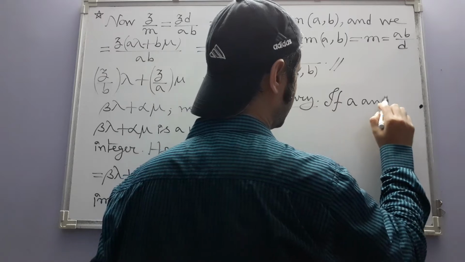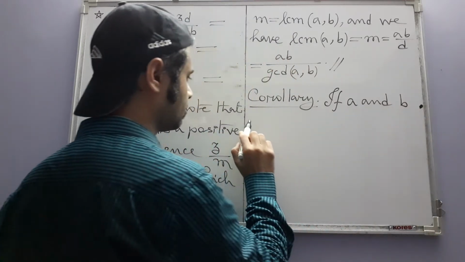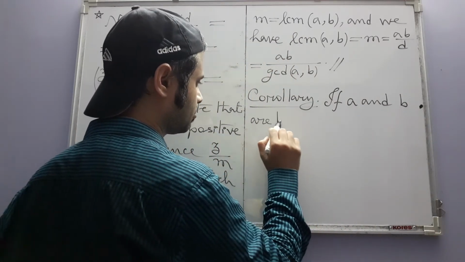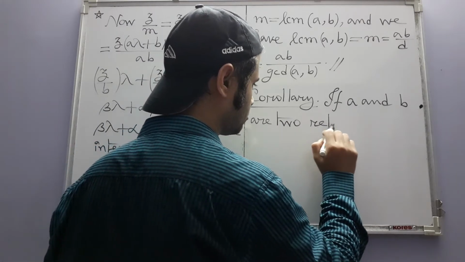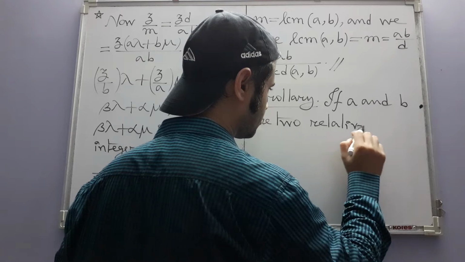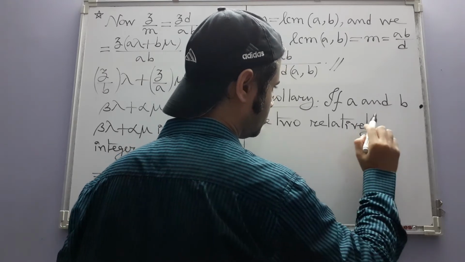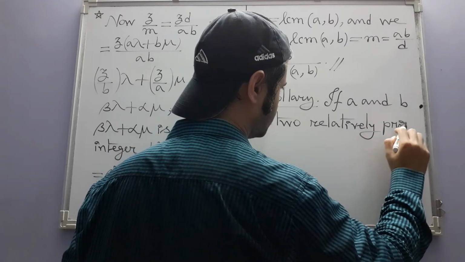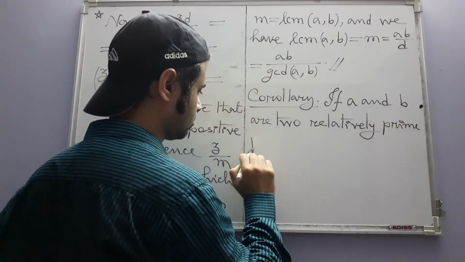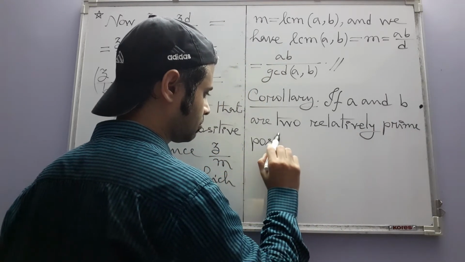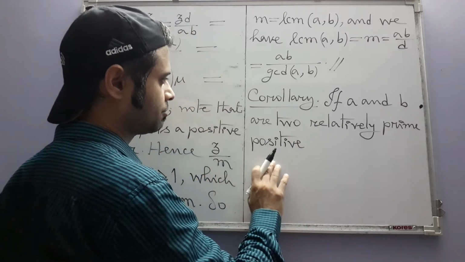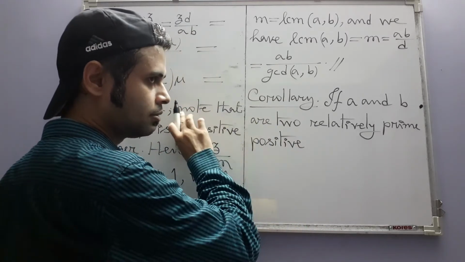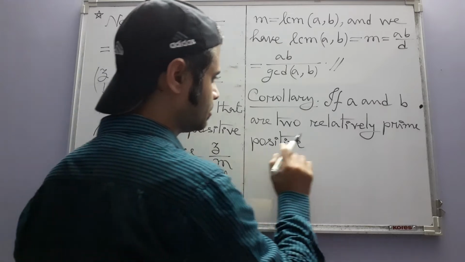If A and B are two relatively prime positive integers, A and B are still positive because we want this to be a corollary to that theorem.